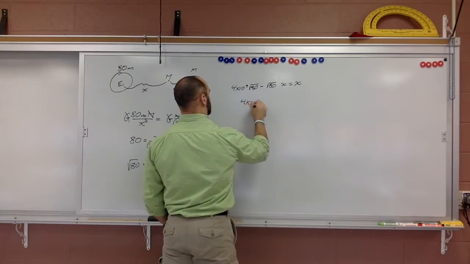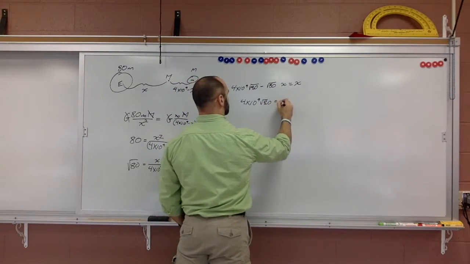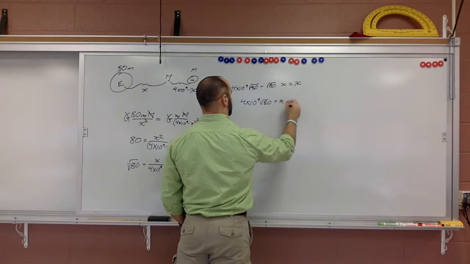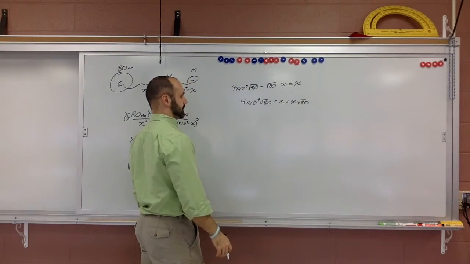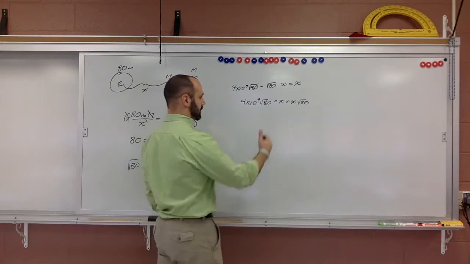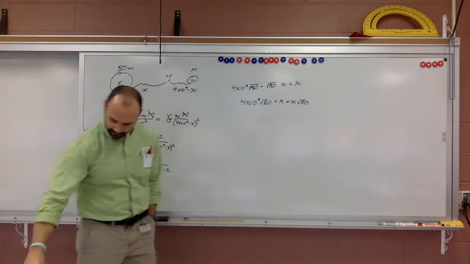So 4 times 10 to the 9th root 80 equals x plus x root 80. And so then you add these two together. I don't know what that turns out to be.